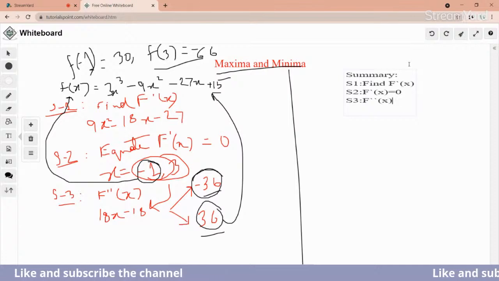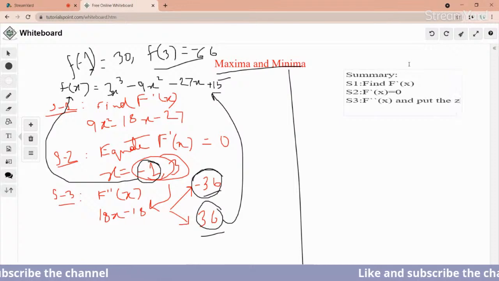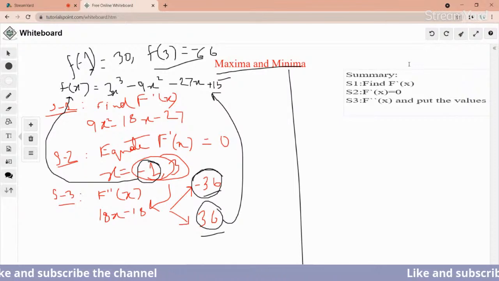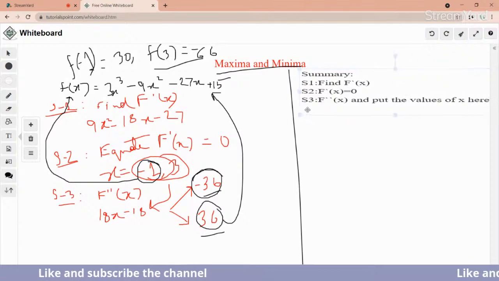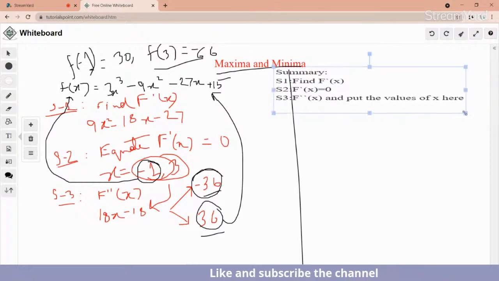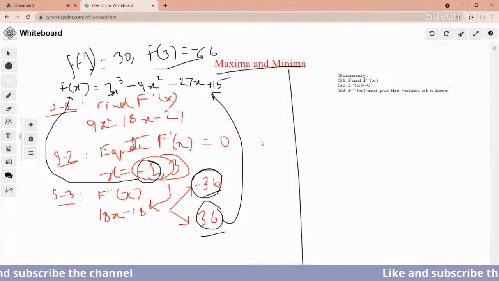Okay, and put the values of x here. Okay, so you have got the values of x here.